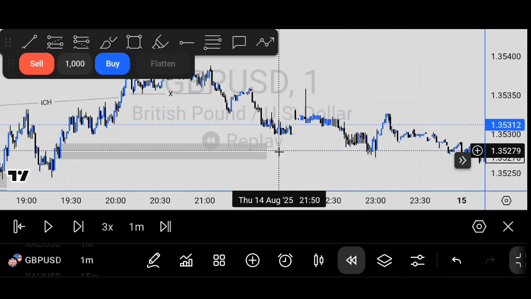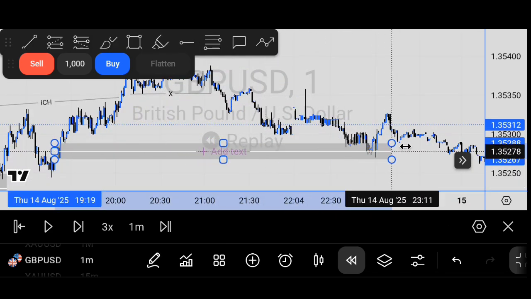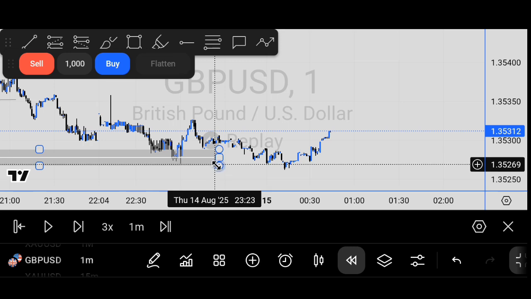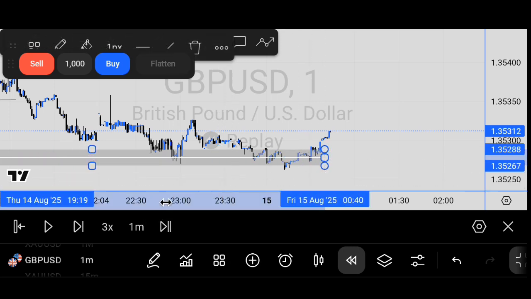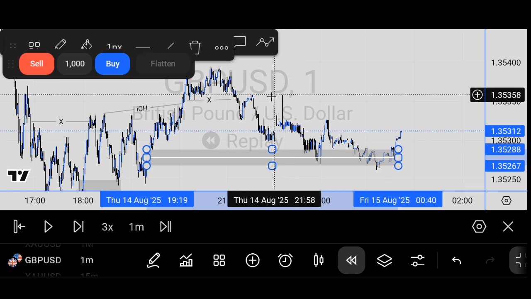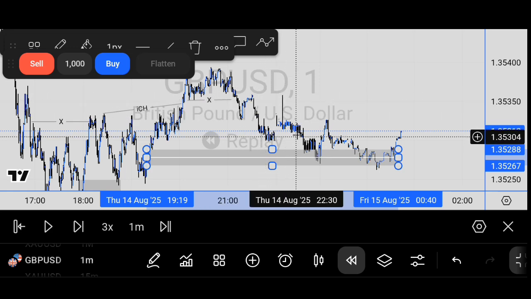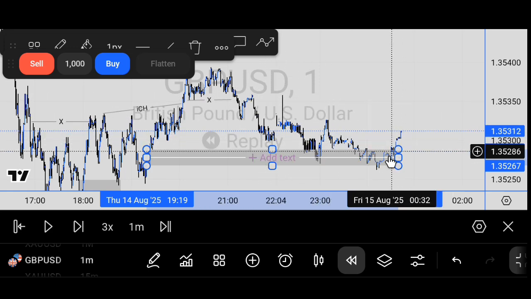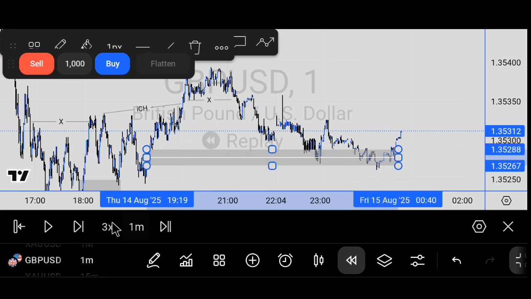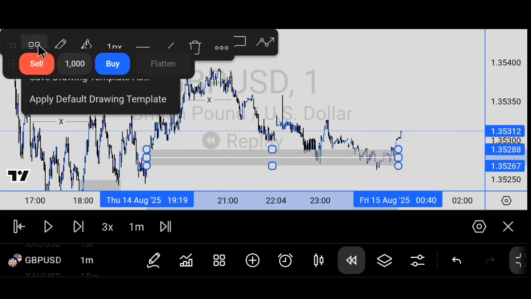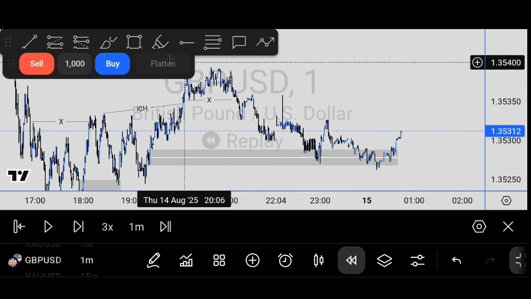So if we extend it, you can see. So when I waited for the market to close and open back, price had already reacted at this zone. So all I had to do was just buy instantly.